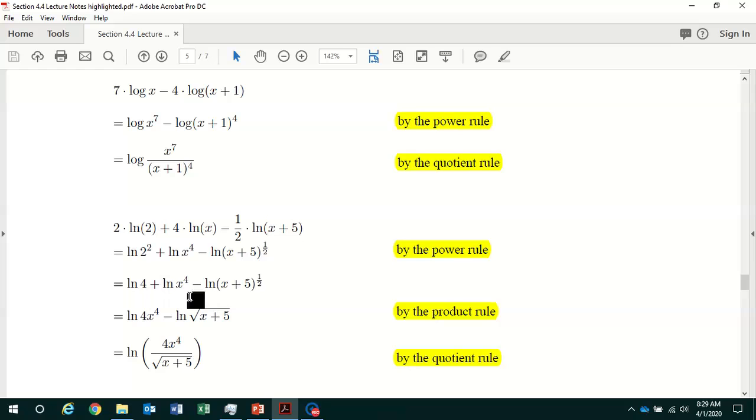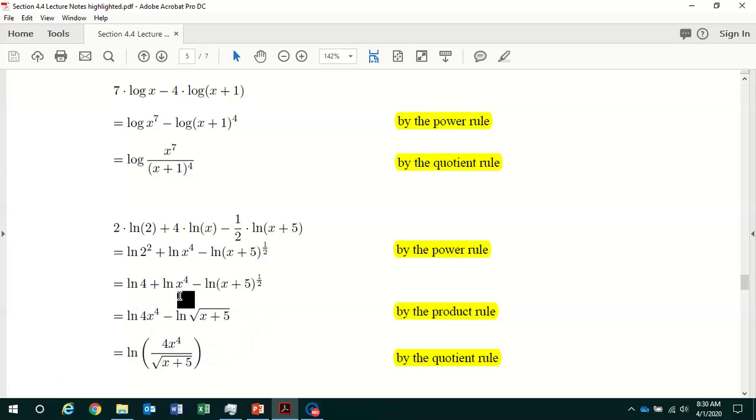So when we do that, by the power rule, we have the natural log of 2 squared plus the natural log of x to the 4th minus the natural log of x plus 5 to the 1/2. Well, 2 squared is equal to 4, so this first term is now equal to the natural log of 4. Second and third terms remain the same.